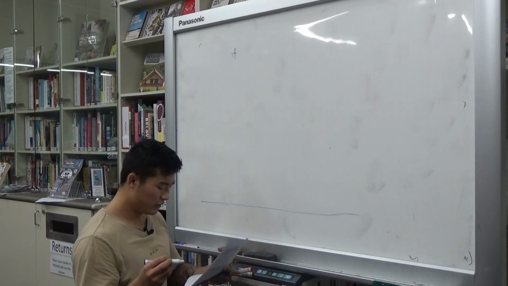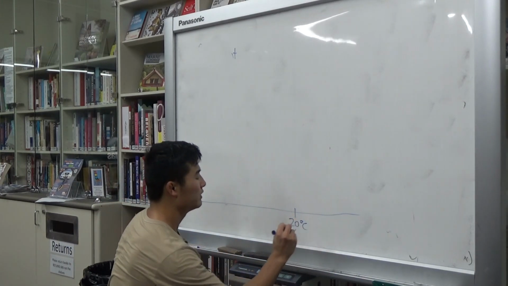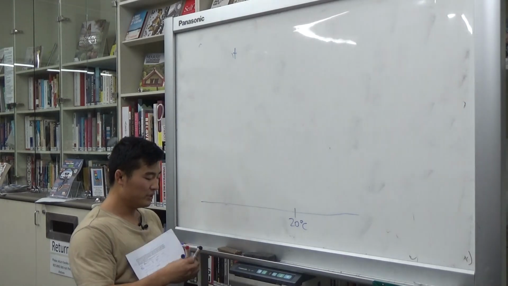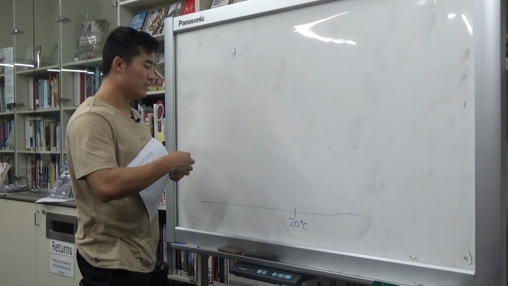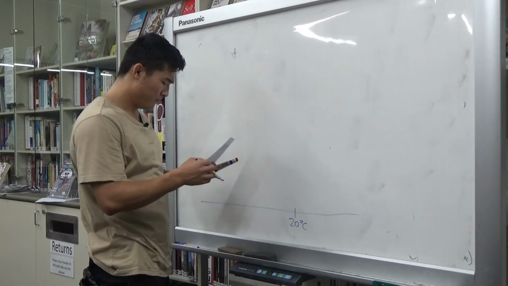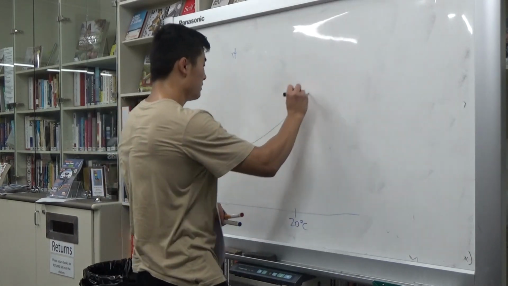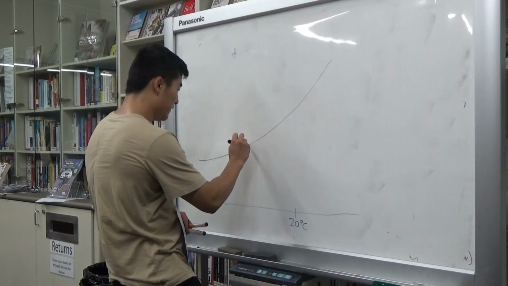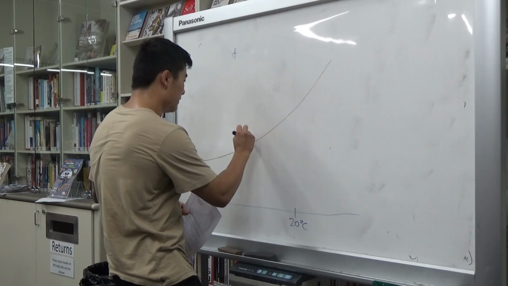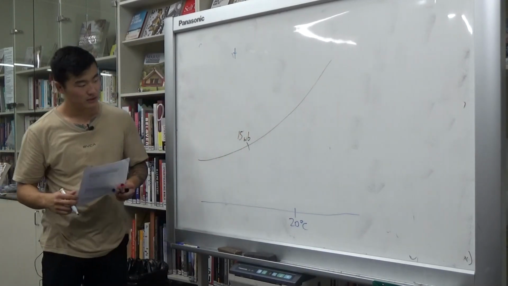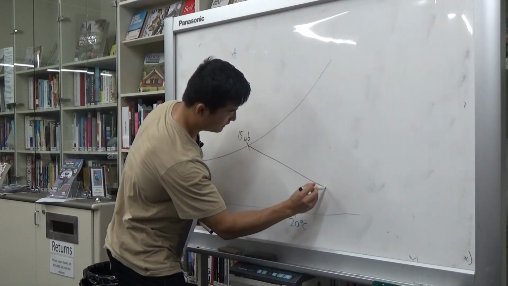So you're going to find 20 degrees on the bottom, the dry bulb temperature, and then you're going to find 15 degrees wet bulb, and that's going to go across diagonally.